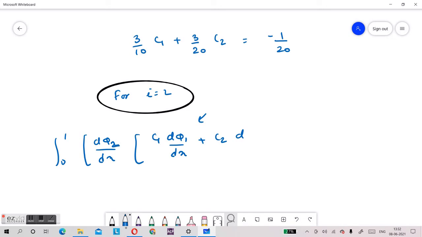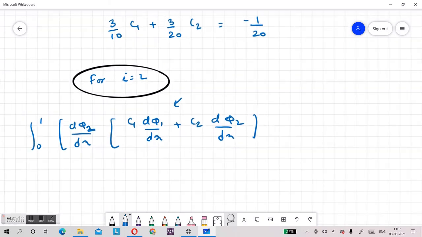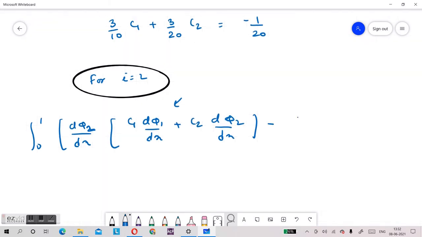So d phi 2 over dx, then minus phi 2. These are the terms with i, so we just change them to 2.